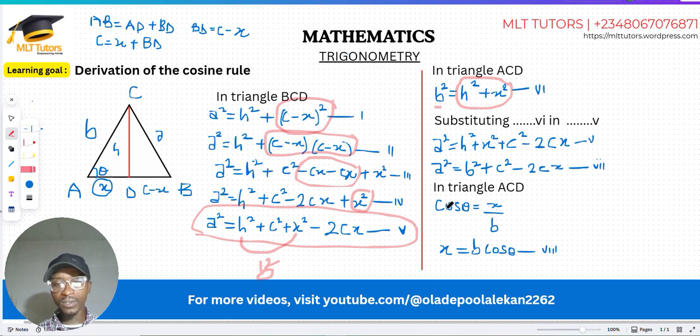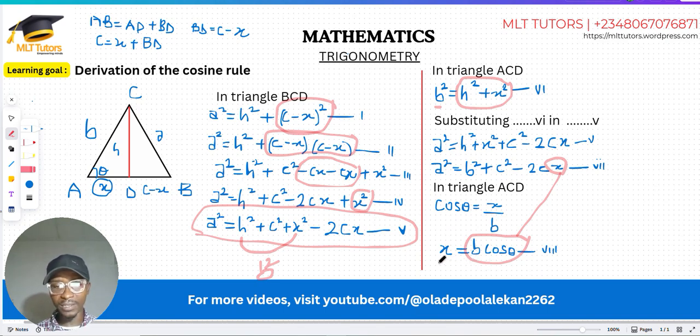So the next thing we have to do now is to substitute the value of x in equation 8 into equation 7 here. So we are bringing the value of x here in equation 7. Then that should give us our final answer, which is the equation of cosine rule.